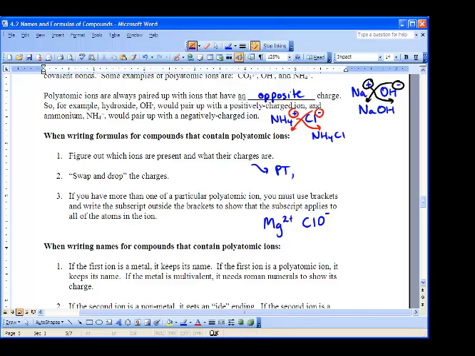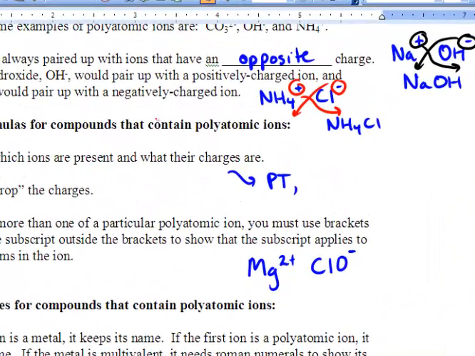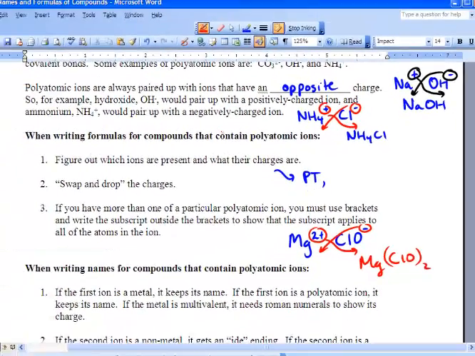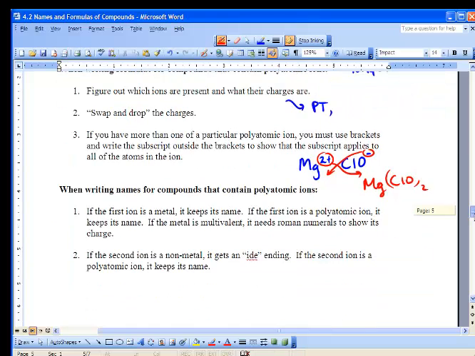If we follow these rules, we figured out our ions, all right? And now we're going to swap and drop. And we get Mg, and that's just a 1 down there. And then because we have a 2, we're going to go ClO, and we're going to put it in brackets. And what that tells us is that we need 2 ClO polyatomic ions to balance out our Mg2+ ion.